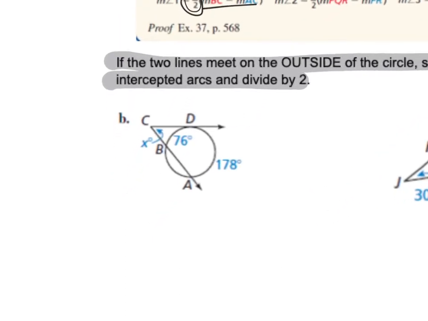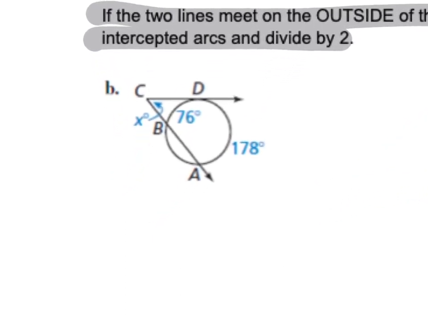Okay, so let's take a look at this first one. Here are my two lines. I've got this one and that one, and it creates this angle X out here. And the two arcs that it intercepts are 76 degrees and 178 degrees.